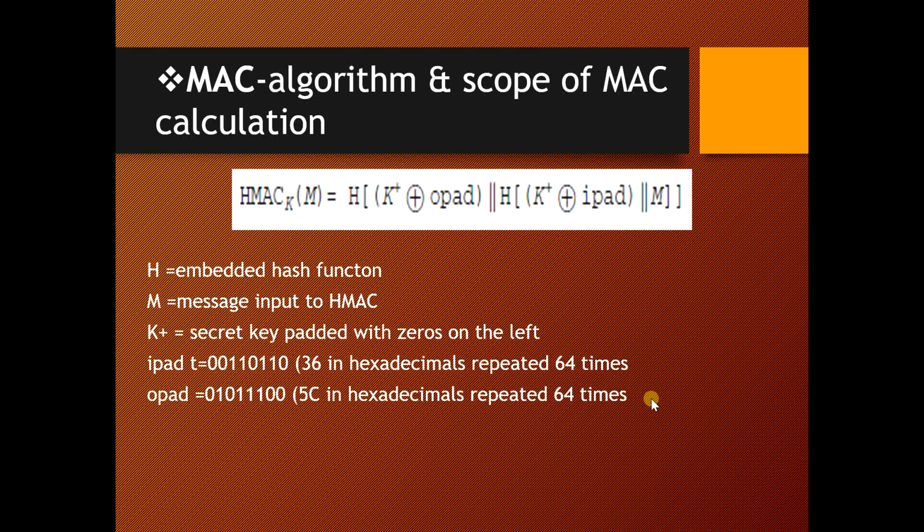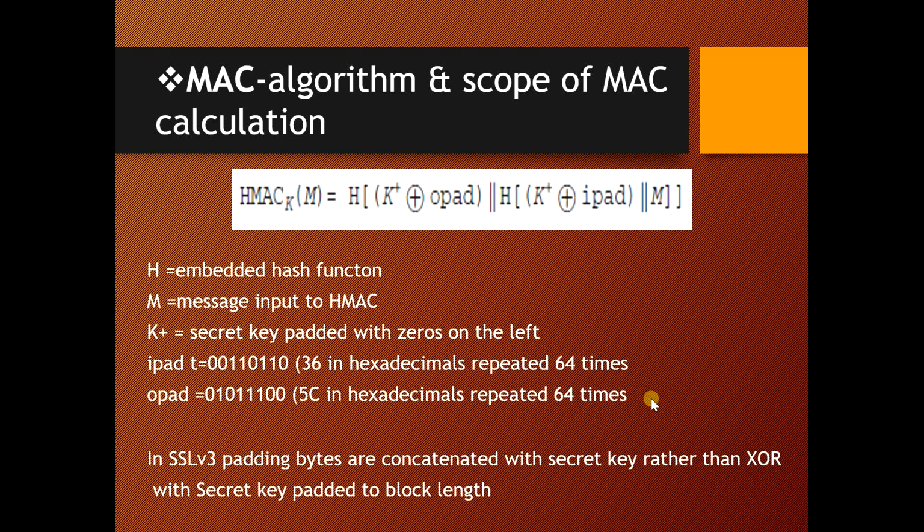Now, the SSL version 3 uses the same algorithm, except that the padding bytes will be concatenated with the secret key rather than being XORed with the secret key, which will be padded to the block length. So the level of security will be the same in both cases, whether it is SSL version 3 or the TLS.